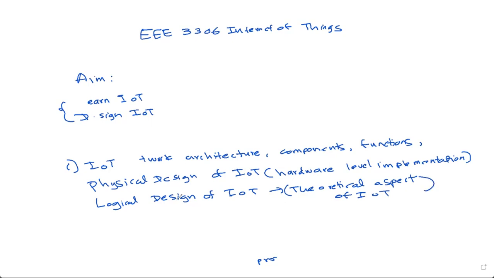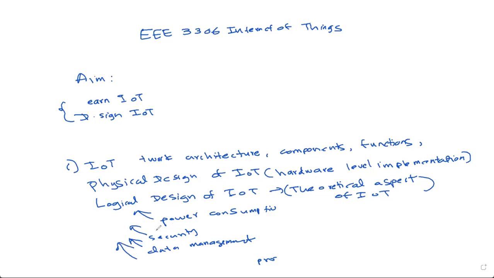That means that we need to think how this IoT system will work theoretically in the actual environment. So we need to consider parameters such as power consumption, security, data management, and so on. We need to consider factors that can affect the IoT application.